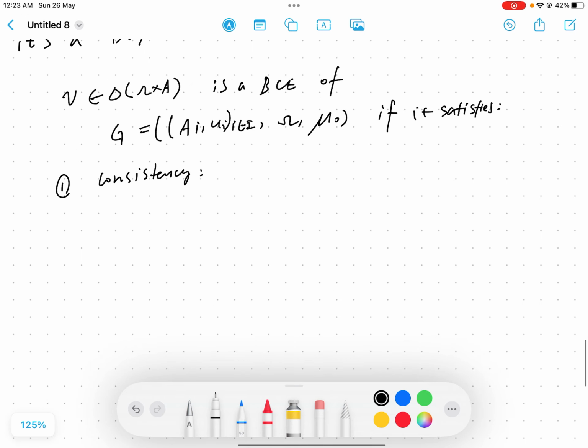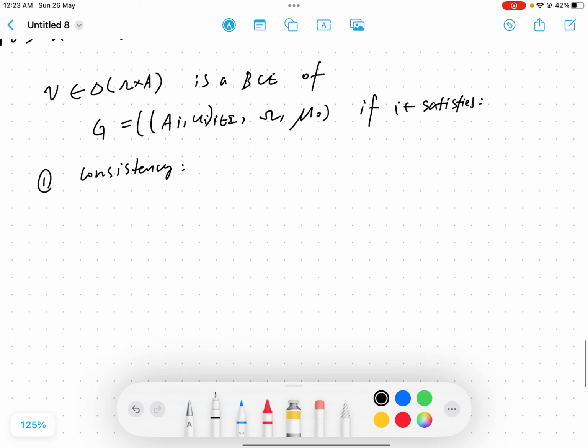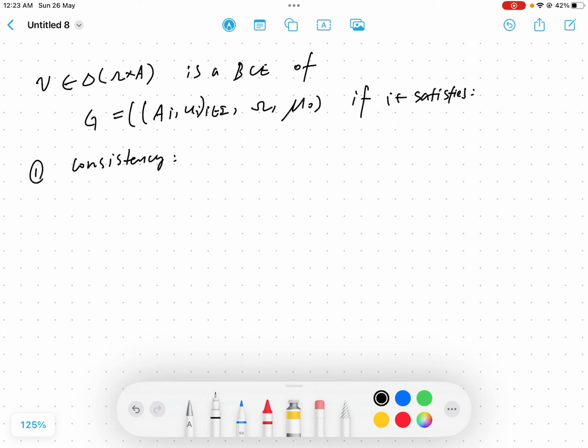So here this consistency means that the marginal distribution of the V, the outcome, over omega, over the state, equals the prior, okay? And we have seen that previously.